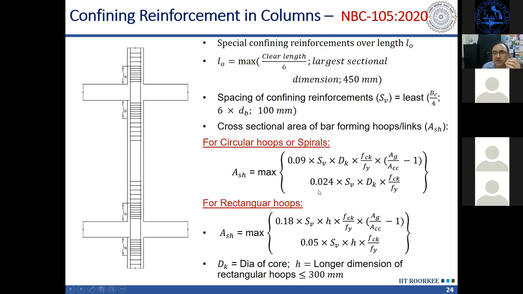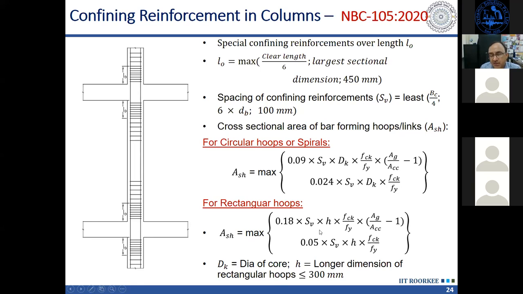So let us say it is 100 millimeter, we keep. So then FCK and FY are constant. AG by ACC. ACC is the confined concrete, core concrete, and AG is the gross area. So capital B by capital D will be AG. And when you remove the cover, then it becomes ACC. So AG by ACC, FCK by FY, these are all constant.